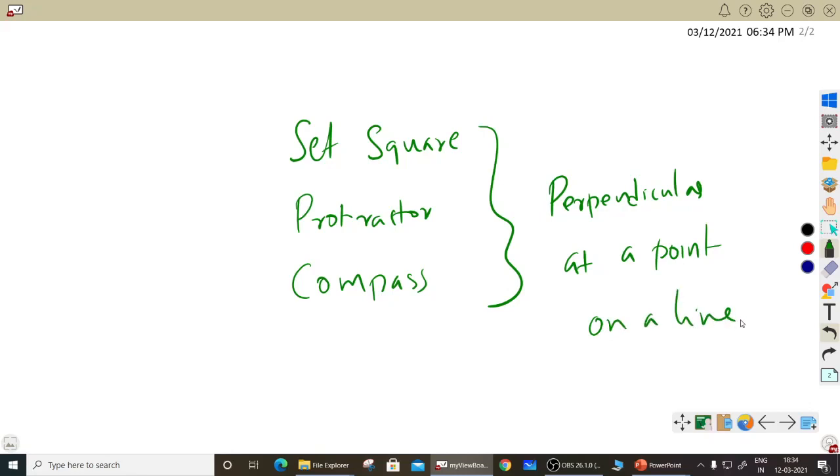Okay, my dear students, there are a little more interesting constructions in this chapter, which will be done in the next video, and it is very important because we will continue with the compass now. Set square and protractor we will leave aside. As I told you, more important and more frequent is the compass, so we'll go with that in the next video. Don't miss it.